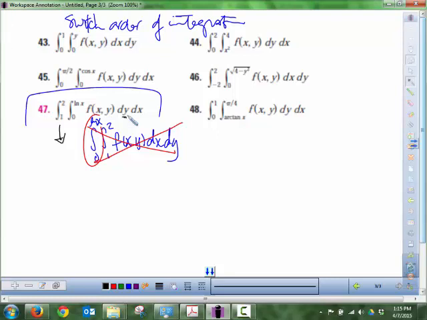Now you're going to go from the integral backwards, and I would still want to include the limits. So retranslating this, I have my y is my inner integral, and my x is my outer integral. And then my y goes from 0 to ln x, and my x goes from 1 to 2.